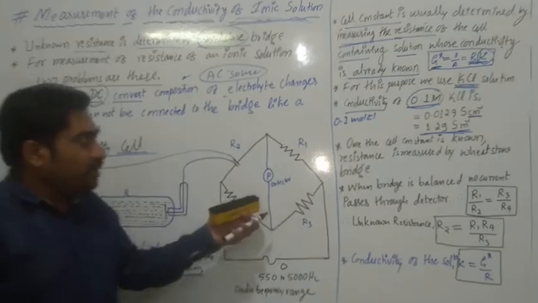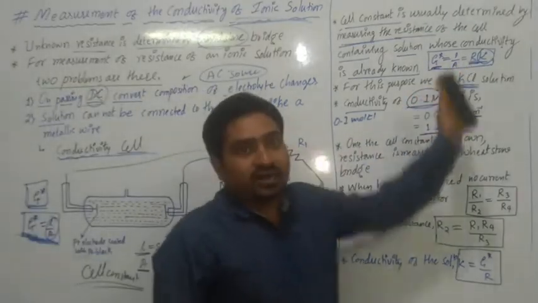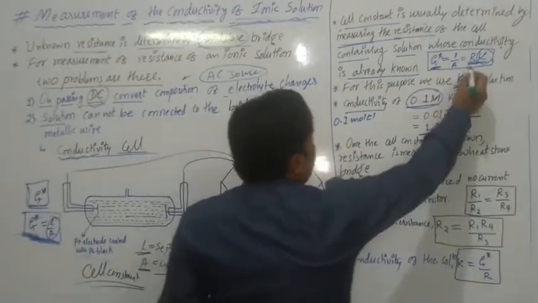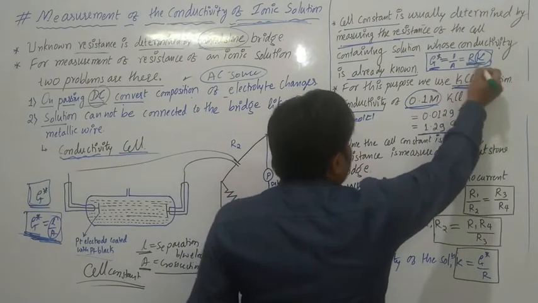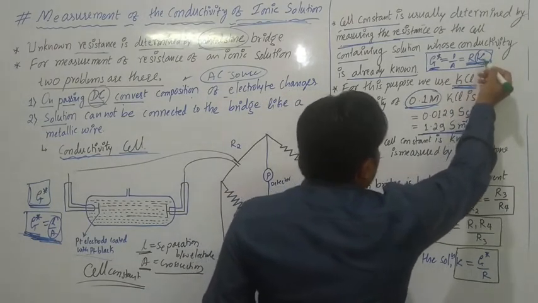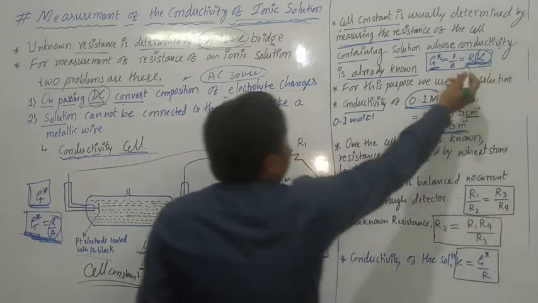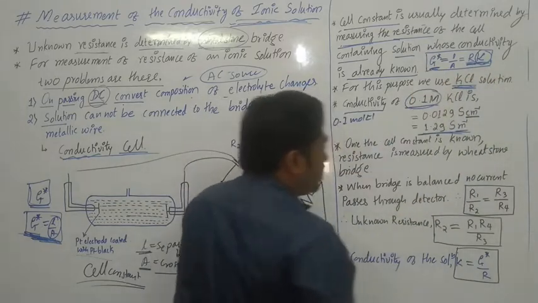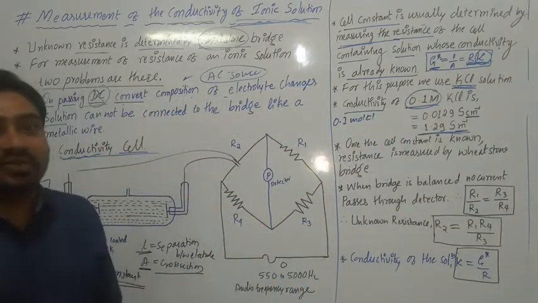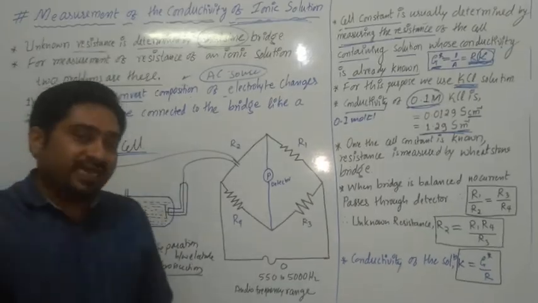If R is determined, and kappa is already given, the product of these two will give the cell constant. By using the cell constant, I can calculate the conductivity of any cell.